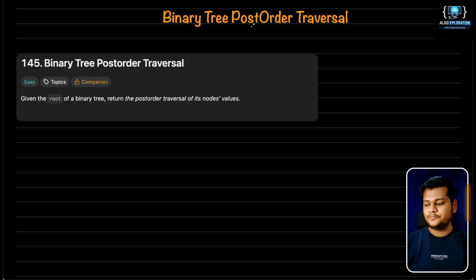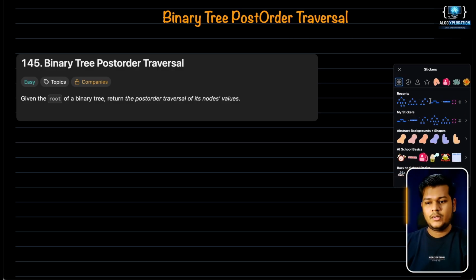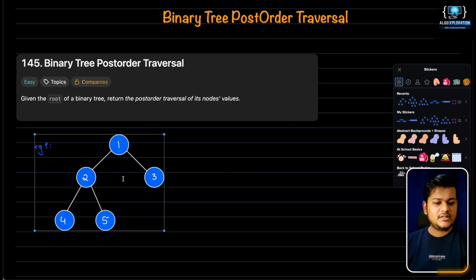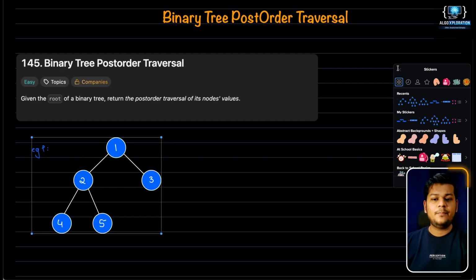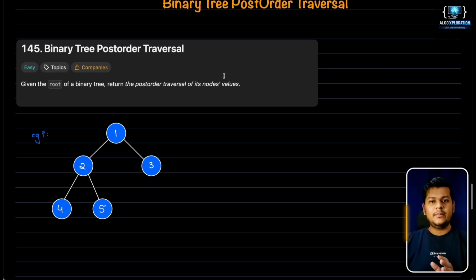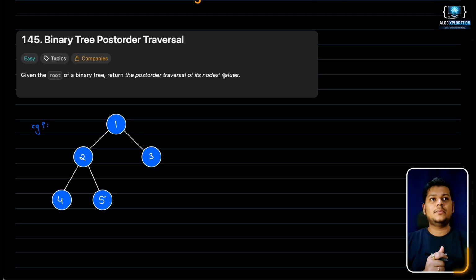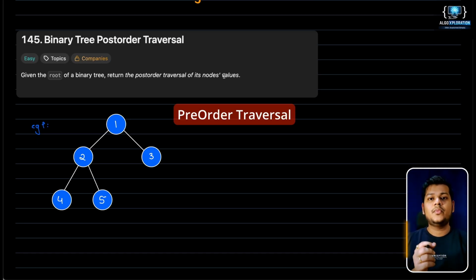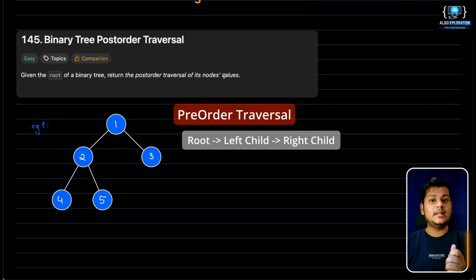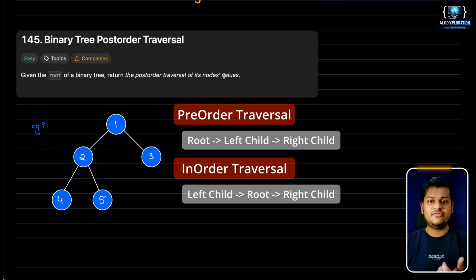Okay, so let's begin. Now, over here, let me take one example. So this is one example in which we need to do a post-order traversal. Now you can imagine it's not like pre-order or in-order. In pre-order, we were processing the root first. In in-order, we were processing the left child first.